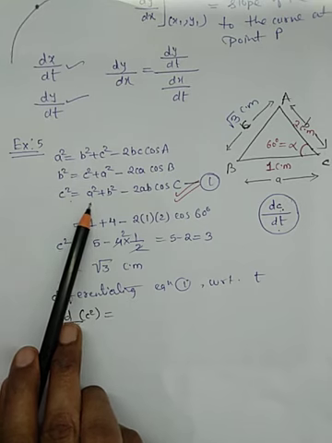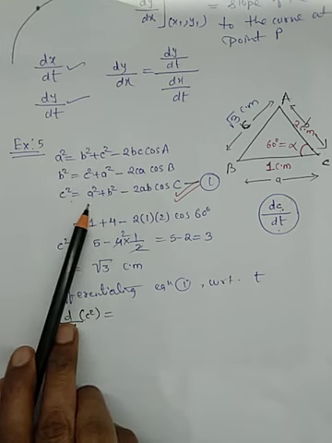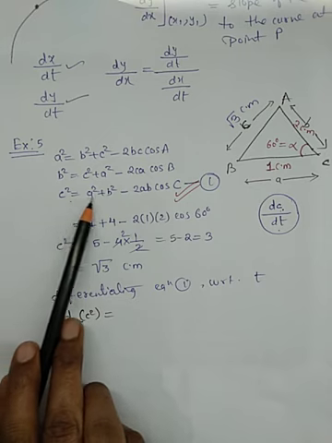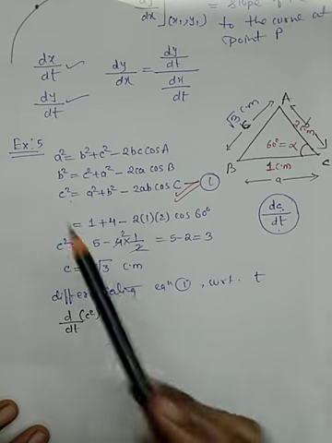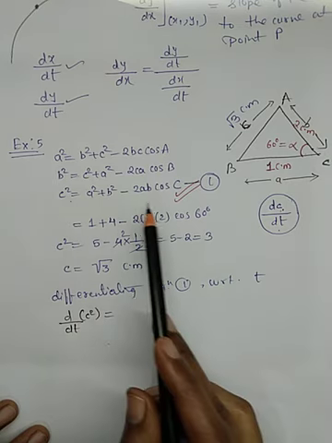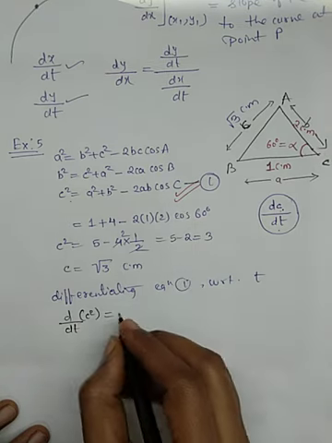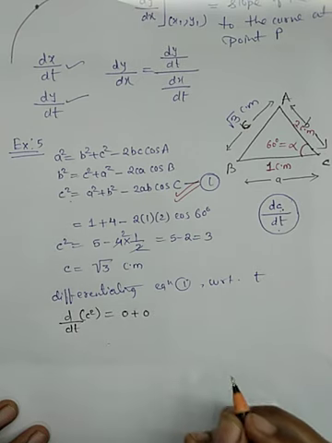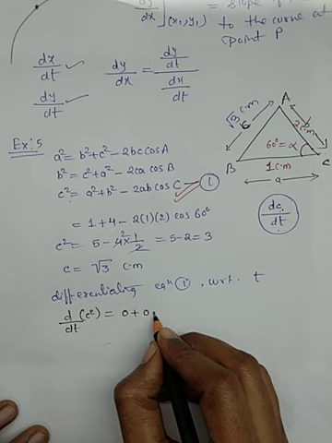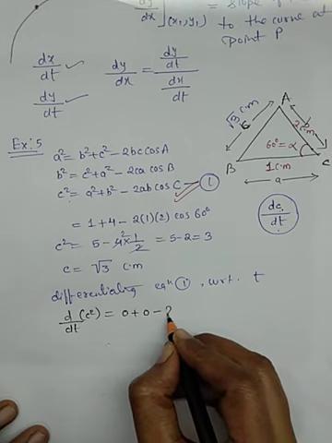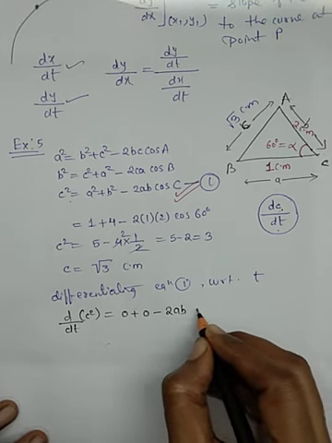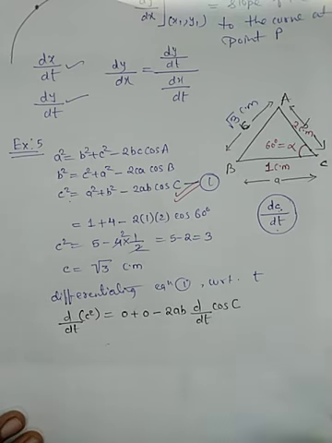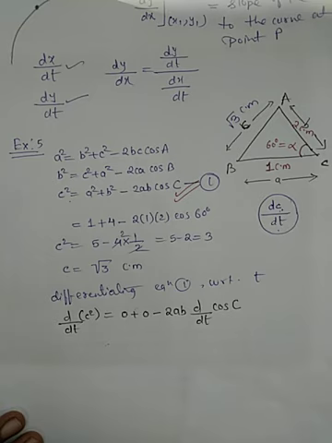See children, a and b are constant. A and b are given to you. Then if I find its derivative, it is going to become 0. So a square will become 0. Then minus 2ab is constant, I will write it outside the derivative, and then I will find the derivative of cos of c.